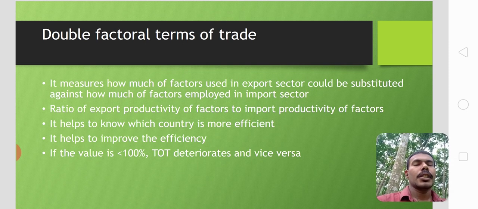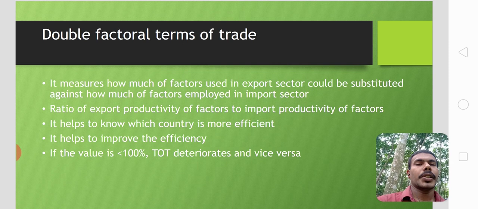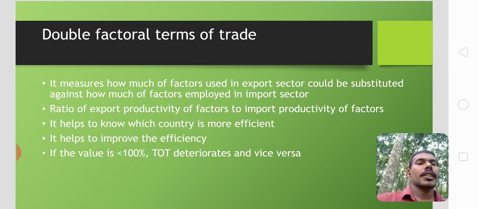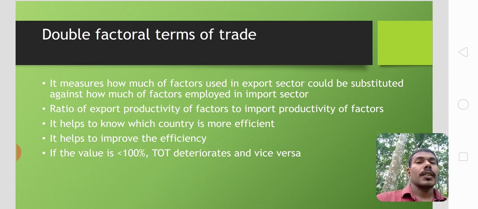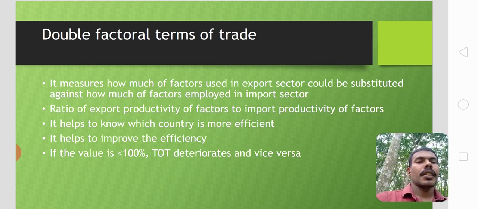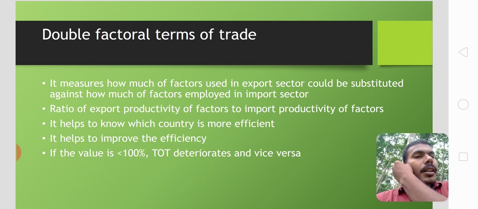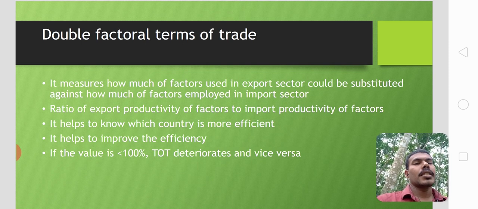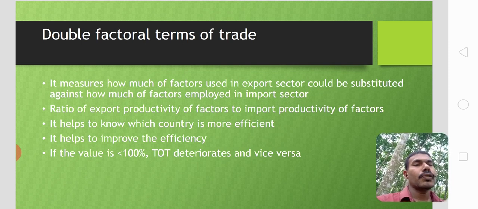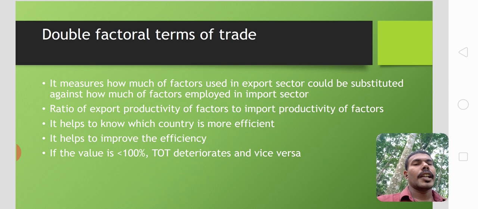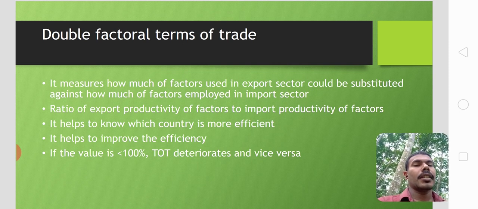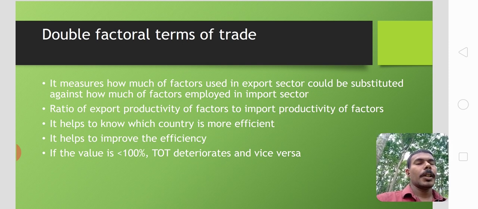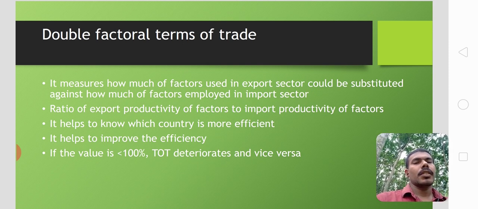Its value is also measured in percentage. If it is 100%, that means the country's factor productivity is neutrally organized. If it is less than 100%, the terms of trade is deteriorating for a nation, as its export productivity is not enough to appropriate the import productivity.